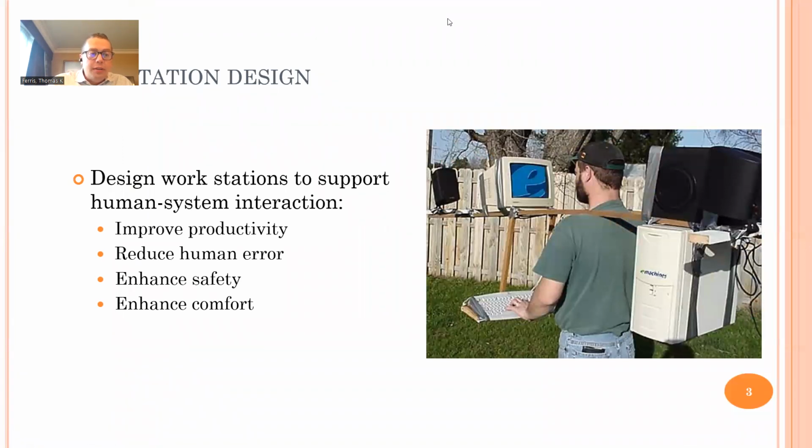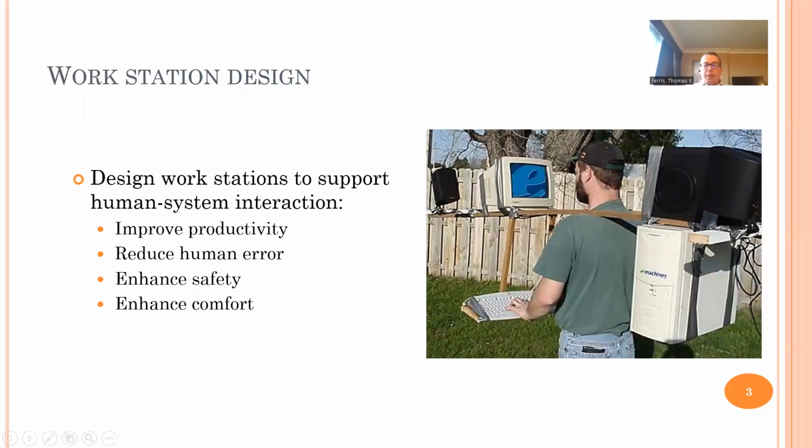So why are we interested in human factors and workstation design? This is one of the main areas that human factors engineering can make an impact in the overall functioning of a system, because the workstation is essentially the interface that plugs the human into the rest of the system, right?